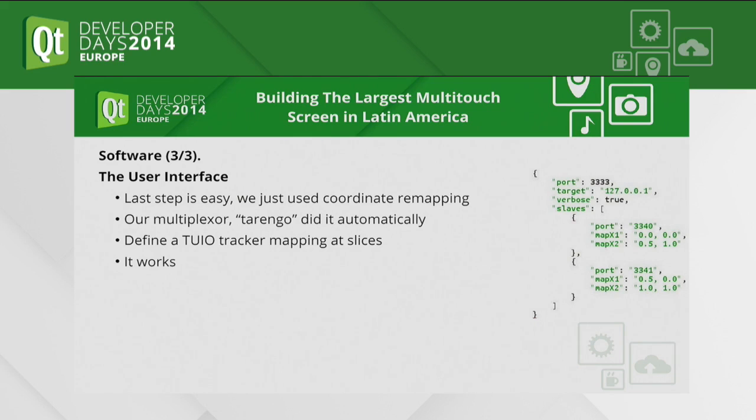So we didn't need to remap coordinates at the Qt level or using QPA. We simply didn't map the whole screen to a whole screen, but to a slice, and it worked. It worked because when we created the nested scene, the scene was using the whole screen.